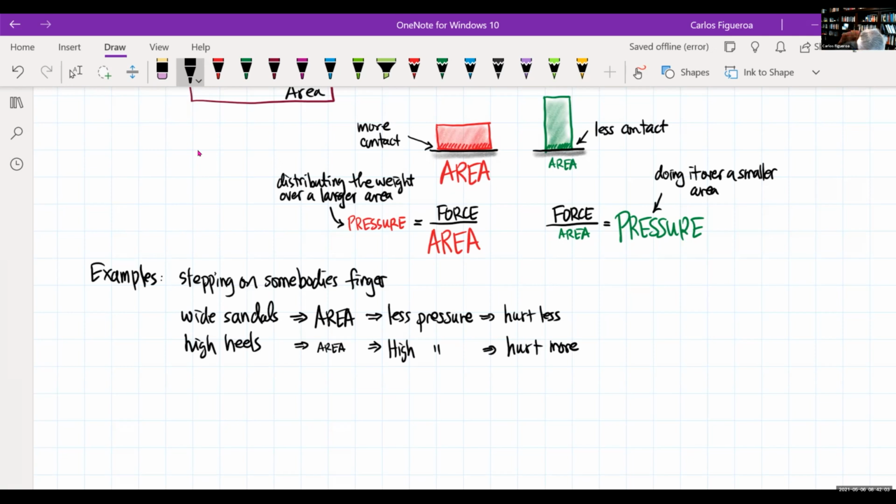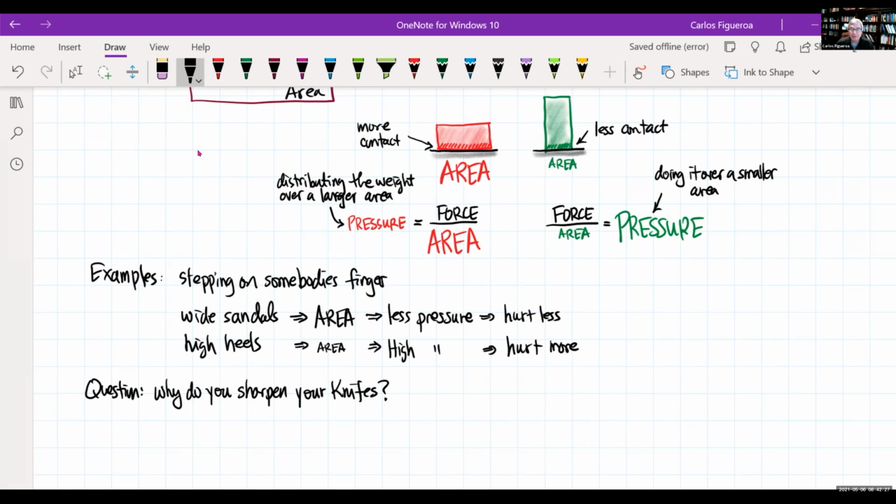And here's another question or example that we could think about. Why do you sharpen your knives? Is it because you want to make them sharper?